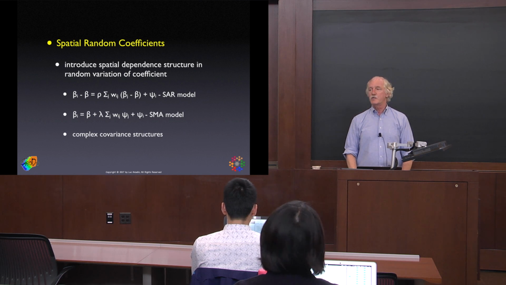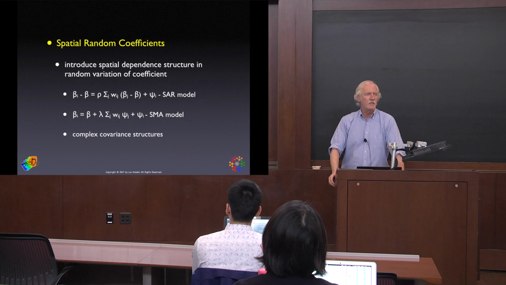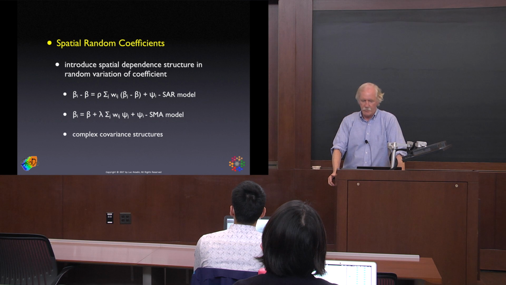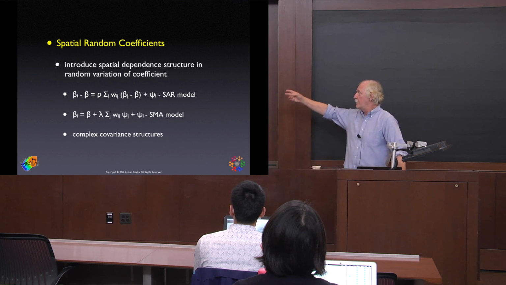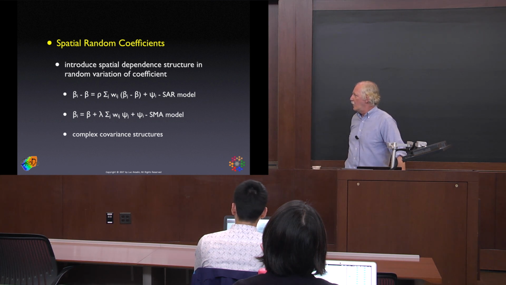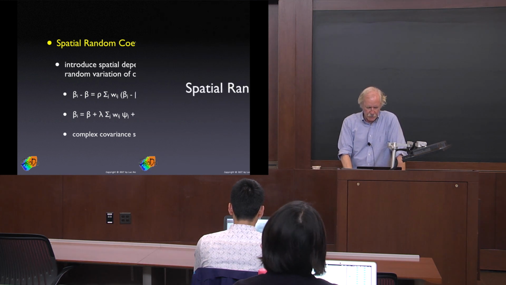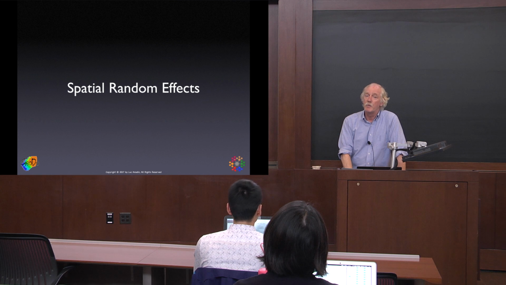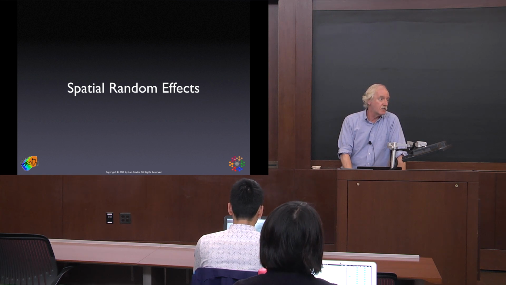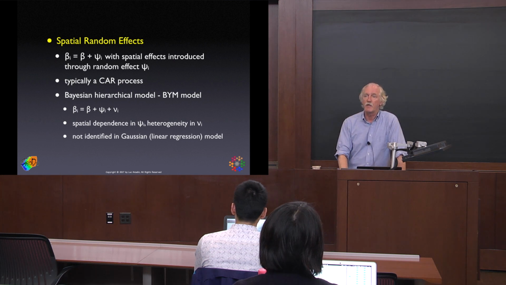Spatial random coefficients get very complicated very quickly, and the only way to really deal with this satisfactorily is in a Bayesian hierarchical setup. So you can make these random coefficients a function of a mean, but then build in autoregressive structures. I did this at one point and I gave up on it because it was too complicated. So the main way in which this is done is with additive or sometimes multiplicative random effects.